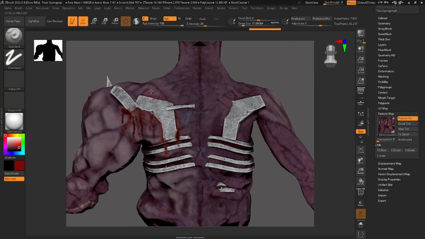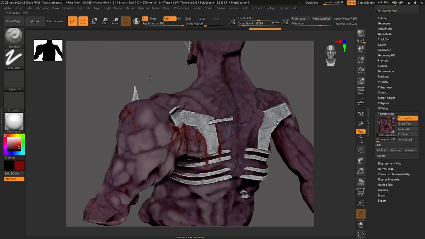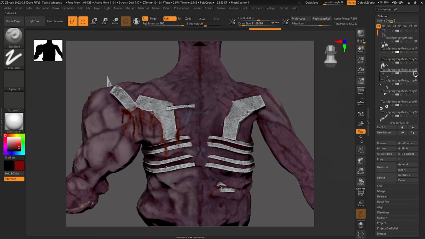For some reason, he's bleeding off of this side. Okay, so the cuts or the broken metal isn't in there.